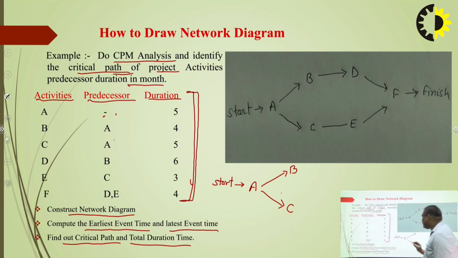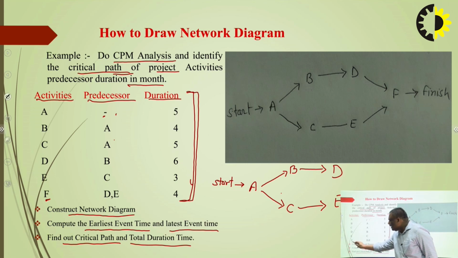Then the D activity, and its predecessor is B. After finalizing the B activity, we start D, and its duration is 6 months. E activity starts after finalization of C. But here we see that the F activity has 2 predecessors, D and E. That means when we finish the D and E activities, we will start F. And this is the final activity.